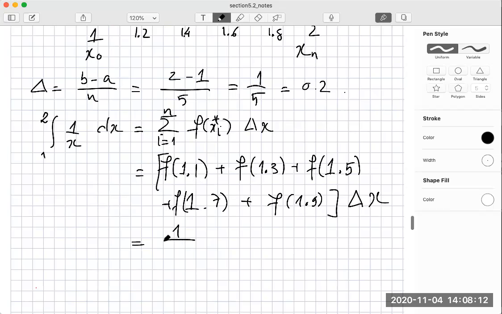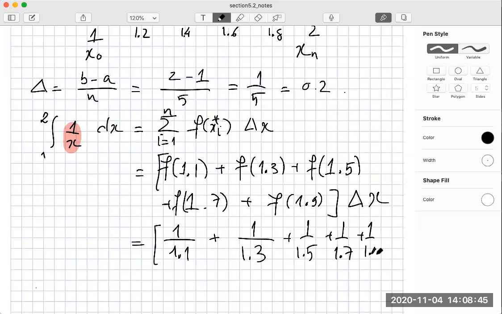F of 1.1, what is it, Gary? Can you help me? F of 1.1. Perfect. Plus. Perfect. And 1 over 1.5 plus 1 over 1.7 plus 1 over 1.9, right? All multiplied with 0.2.